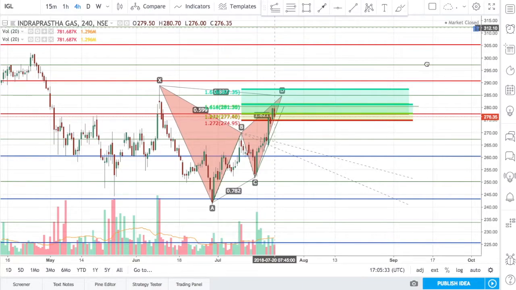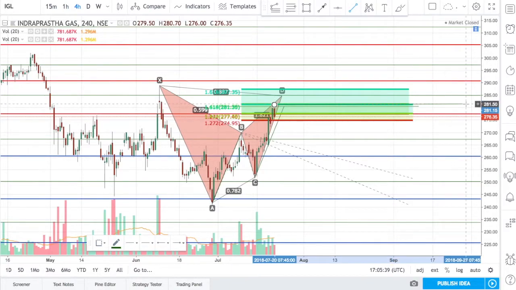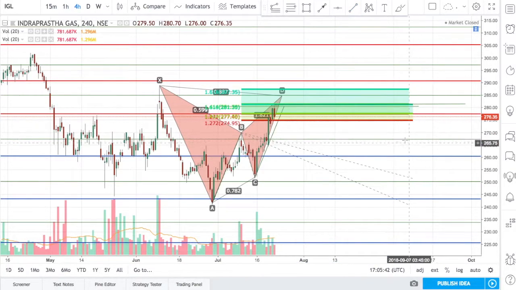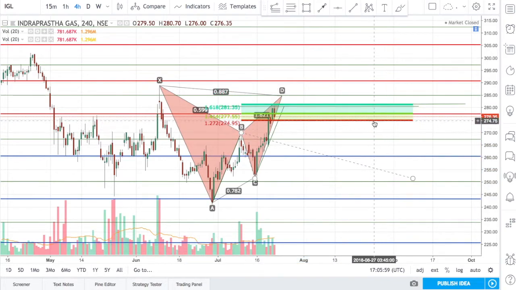Now that gives us confluence at two levels. First one is this level here, and the second one is right here on this major level of resistance. Okay, so let's mark this confluence with this line and get these off our charts.